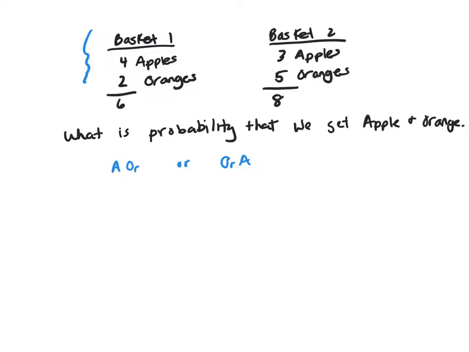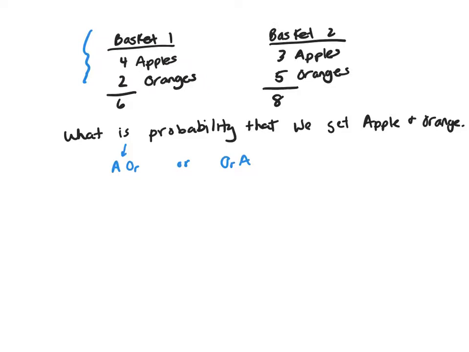So I said apple from basket 1 and orange from basket 2. So that's why we're going to multiply those 2 probabilities together. And our other case was orange from basket 1 and apple from basket 2.